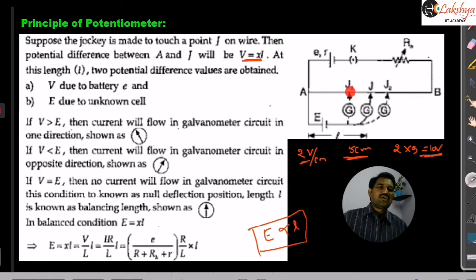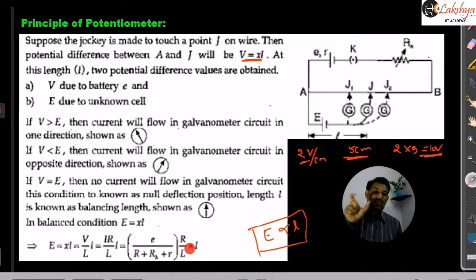If you are making it J1 or J2, some current will flow, but in opposite directions. When no current is flowing through the galvanometer, no current is flowing through the cell actually. When no current is flowing through the cell, the potential difference across the cell is nothing but the EMF of the cell. So we can measure the EMF of the cell by using this potentiometer.